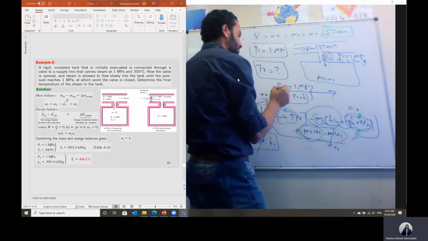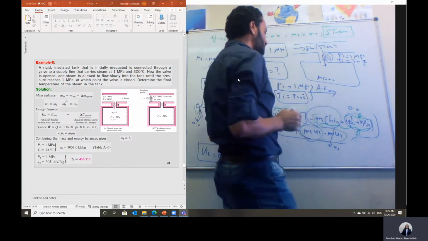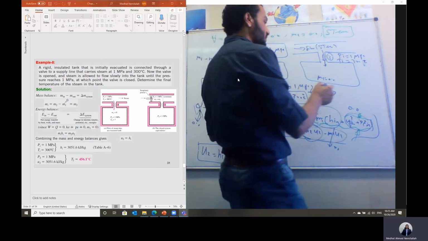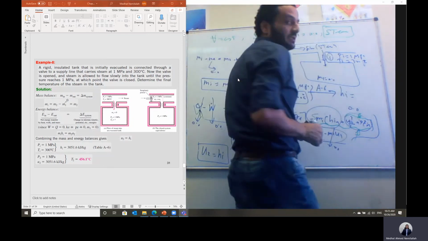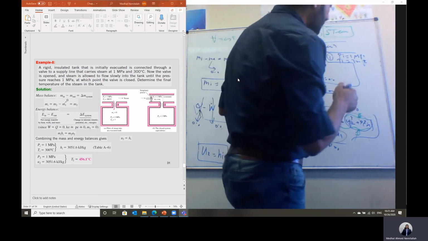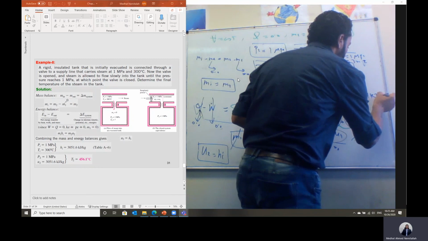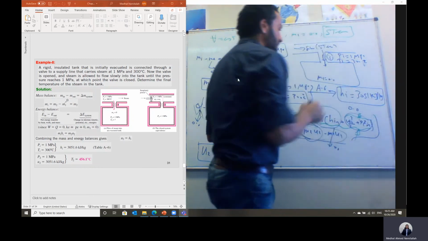You will find that this temperature is greater than the saturation temperature, so the case is superheated. I will be using table A6. Then we can calculate the enthalpy at the inlet section, which will equal 3051 kilojoule per kilogram.